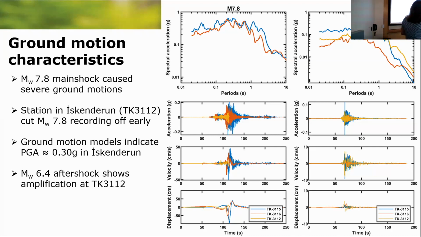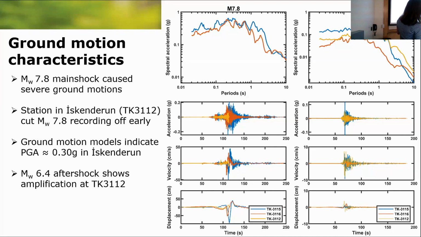The station in Iskenderun, 3112, unfortunately cut off early during that main event. You can see it stopped here. But we do have recordings at the other two stations, which are on stiff soil or soft bedrock.